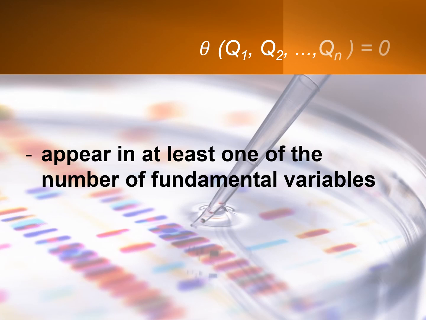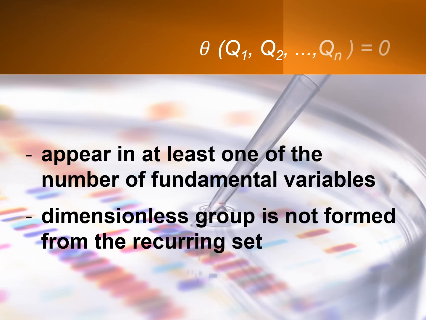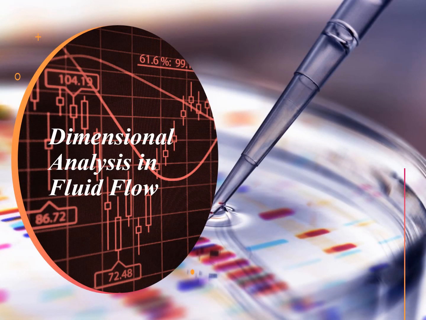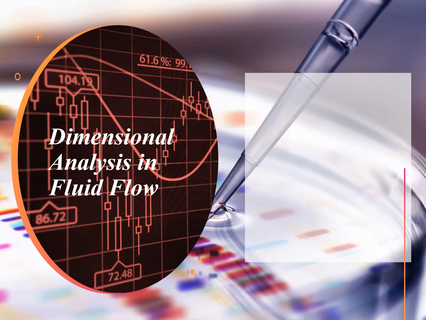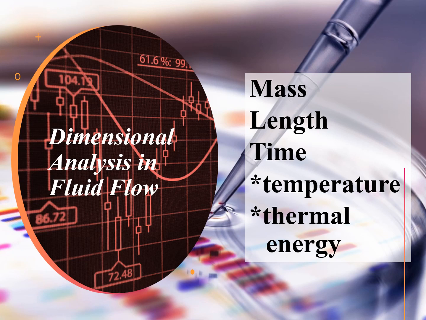And number two, it must not be possible to form a dimensionless group from some or all of the variables within the recurring set. The dimensions of the physical quantities may be expressed in terms of fundamentals like mass, length, and time, and sometimes temperature and thermal energy.